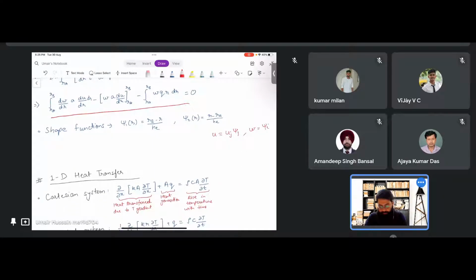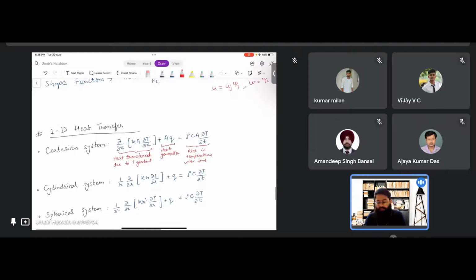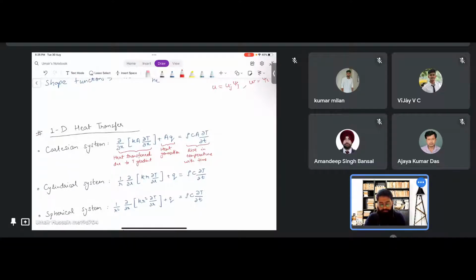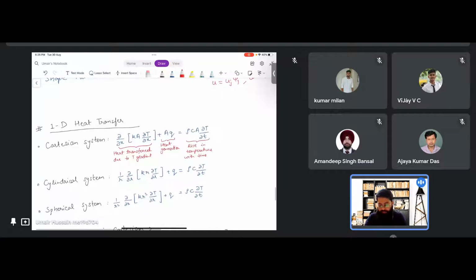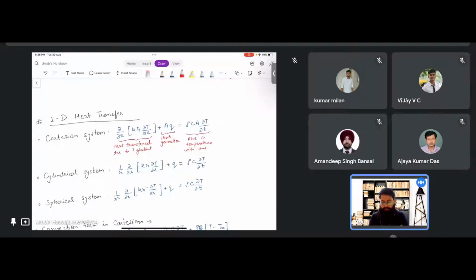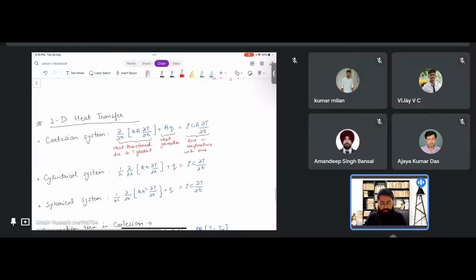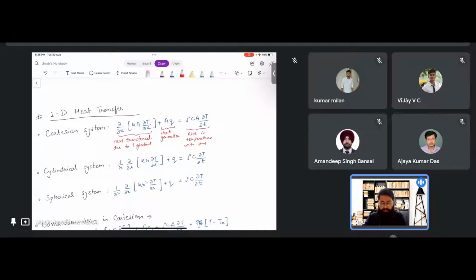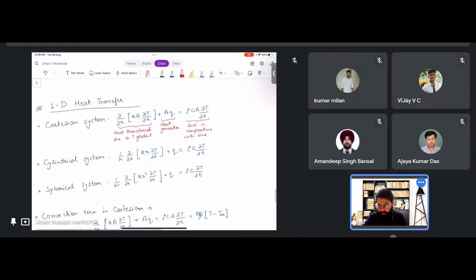And then we started with the 1D heat transfer problem here. Heat conduction: the basic 1D heat conduction equation is just similar to what we studied in the 1D bar problem. We just name some terms differently, but the basic structure of the equation is the same.